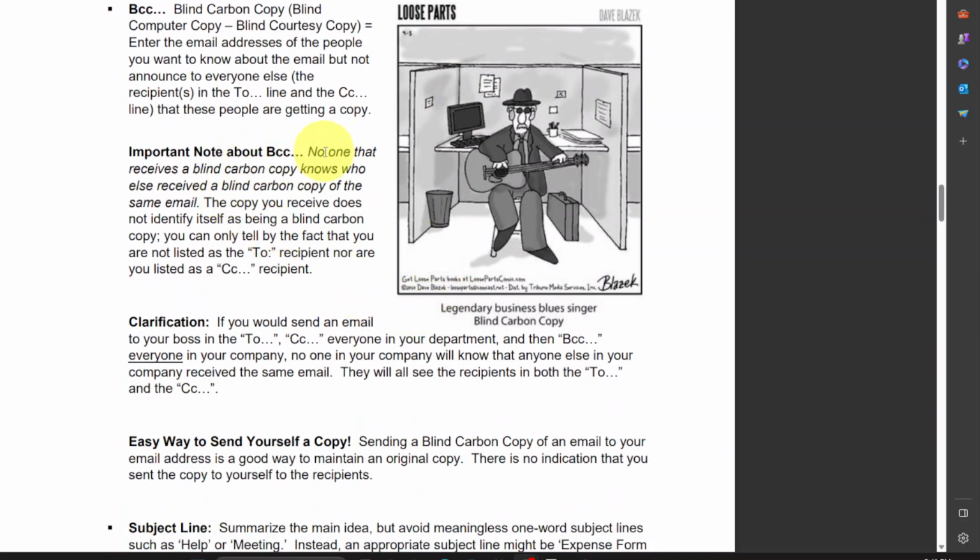Important note about BCC. No one that receives a blind carbon copy knows who else received a blind carbon copy of the same email. The copy you receive does not identify itself as being a blind carbon copy. You can only tell by the fact that you are not listed as the To recipient, nor are you the CC recipient.